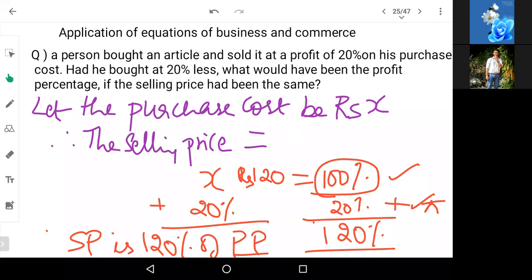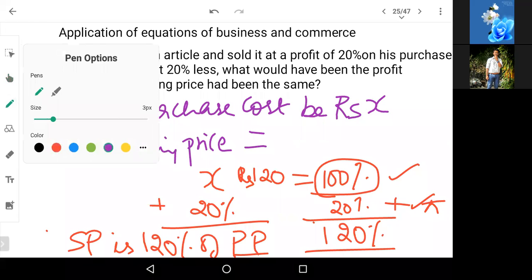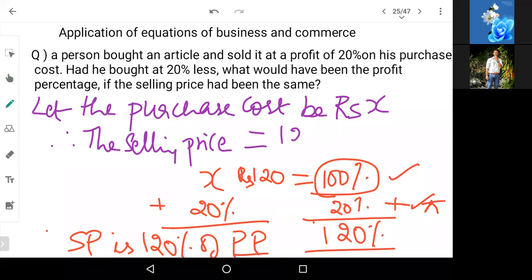So what I will do, I will say it as 120% of cost price or purchase price, that is X. Okay, you got confused there when I took 100 as example. Fine, no problem. If you have not understood, I will teach in different ways. Don't worry about it. Okay, so now 120% of X. X is what? Purchase price.